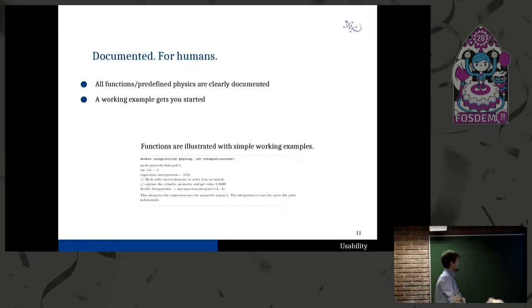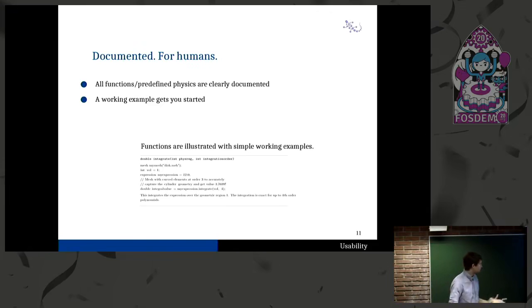Now, it's documented, and not just automatically documented. I spent a lot of time to document it. So every function you're supposed to use comes with as detailed a description as possible, and also a working example like this one, where you can just copy paste it and play around with the function to see what it actually does and what the specific things are about it.